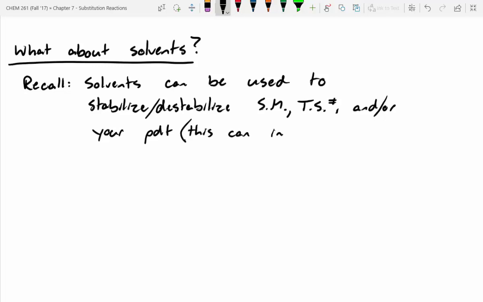This can in turn speed up the reaction rate. We said the big thing that solvents do is they lower that activation energy and allow your reaction to occur a little bit faster.